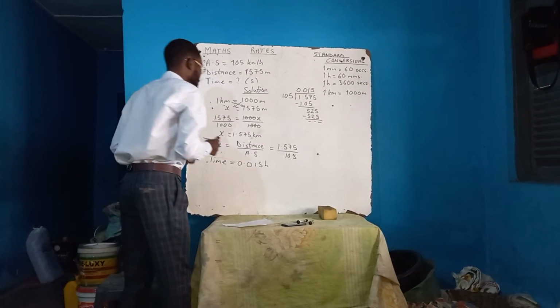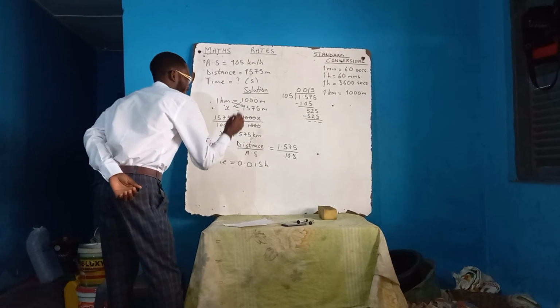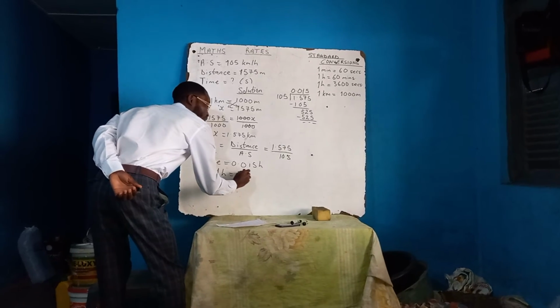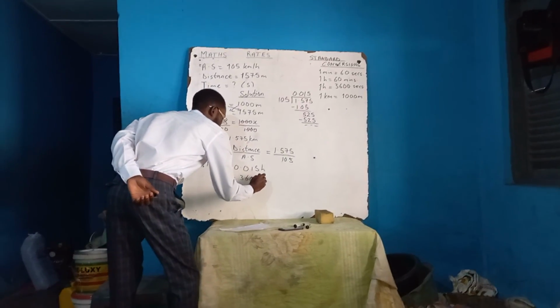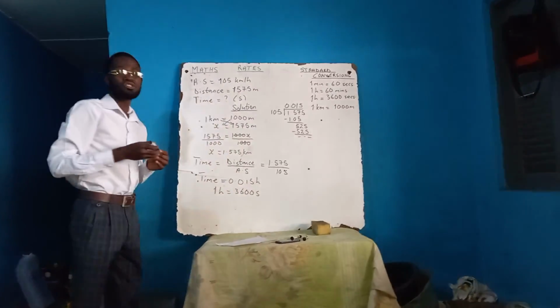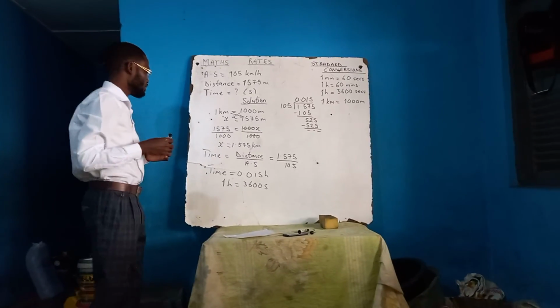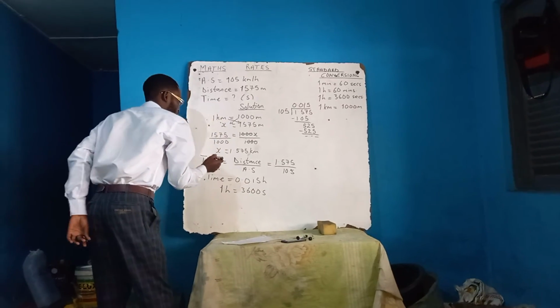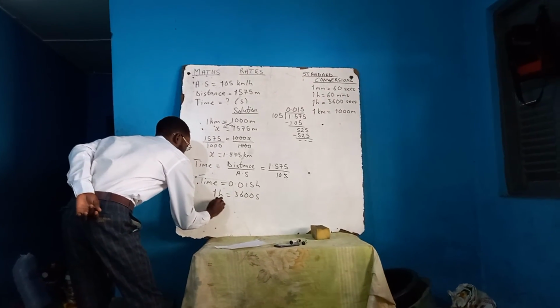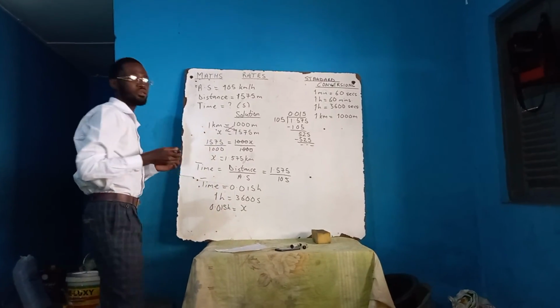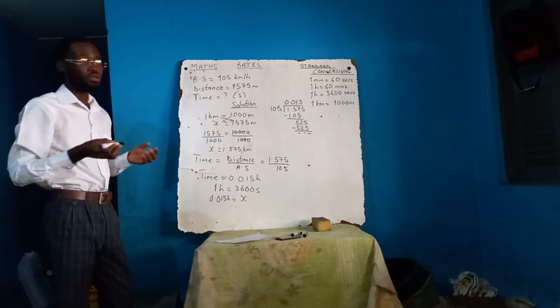So we have: 1 hour translates to give us 3,600 seconds. So if I have 0.015 hours, it gives me X, which we do not know.